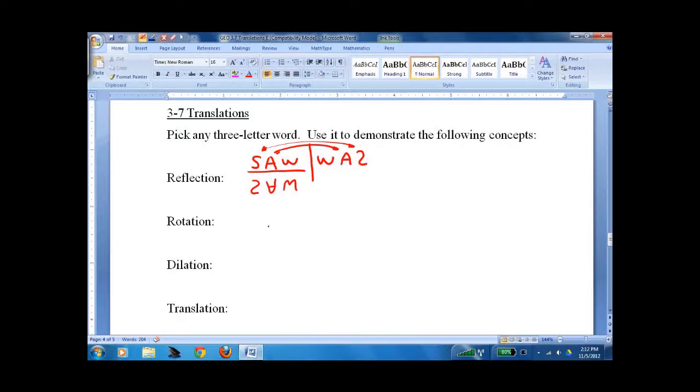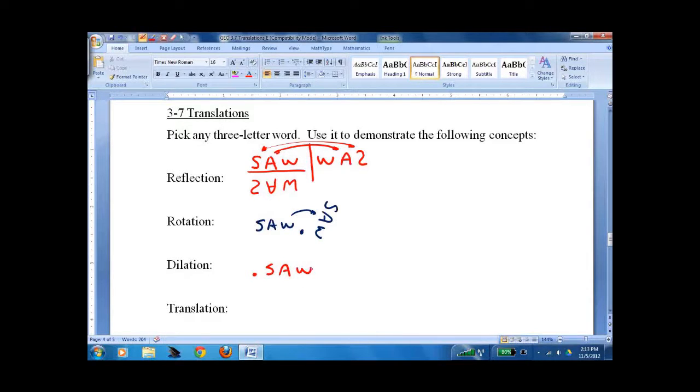Rotation, if we take the word saw and we give a point here and we rotate it around that point, looks exactly the same. It's just been spun. Actually, the point would probably be more like here, which is fine. And dilation, which is also from a point.